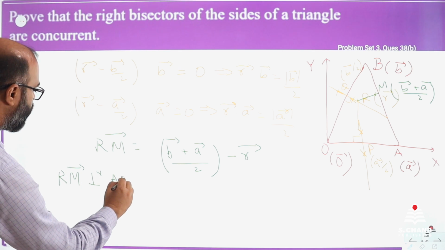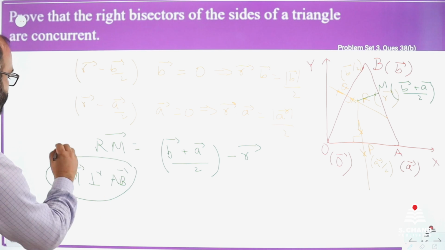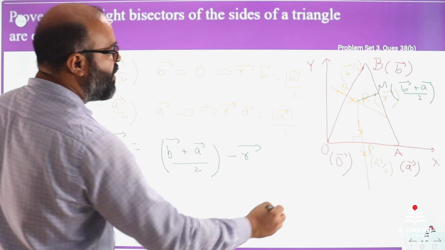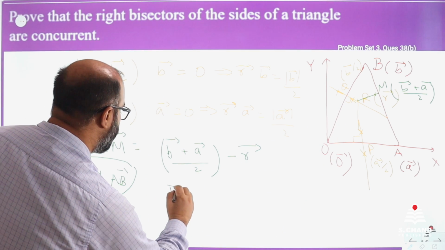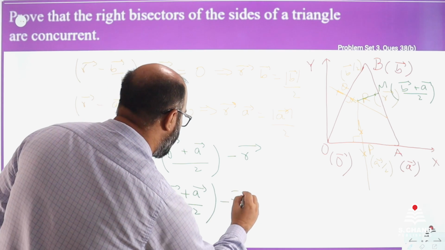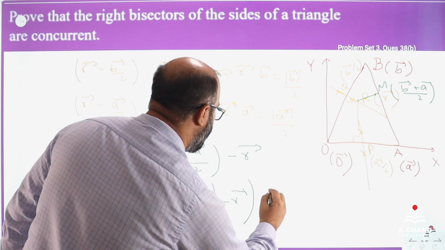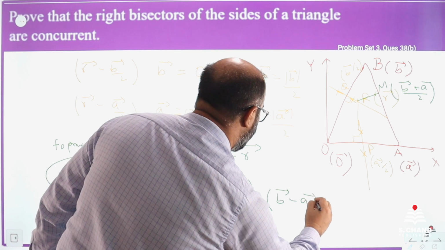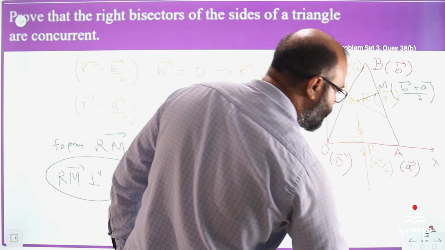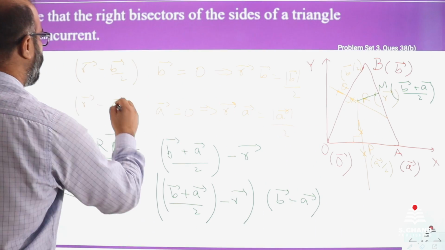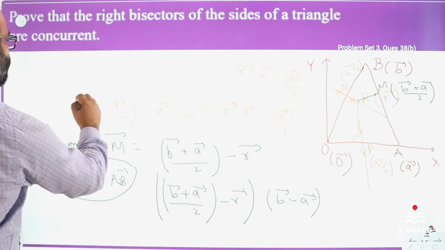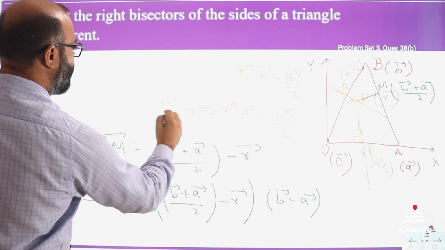This is what we have to prove actually. So what we do is take the RM vector dot product with the AB vector. So we take B plus A by 2 minus R, dot product with B minus A. After doing this, let me erase this portion which we have already used. This result we will use right now on the right side, which is written here.